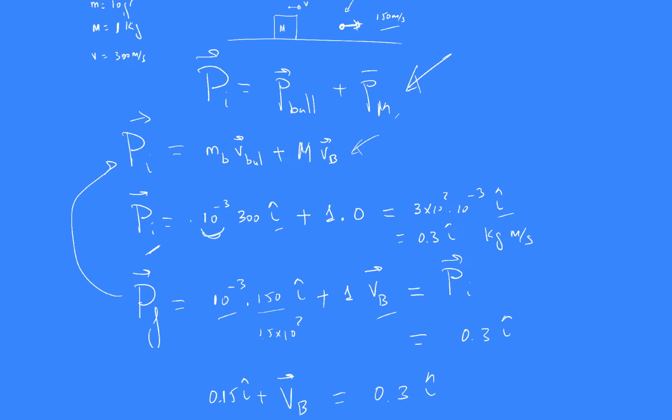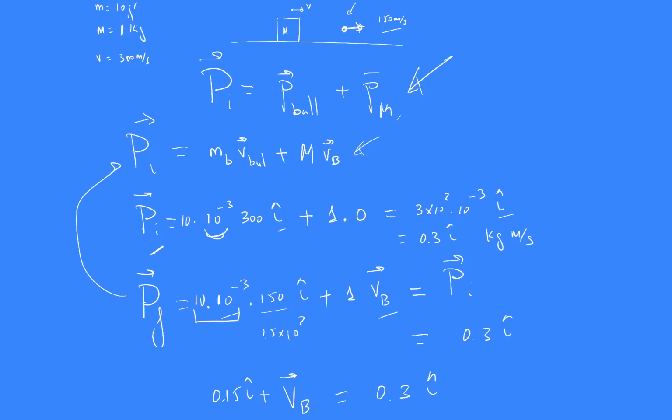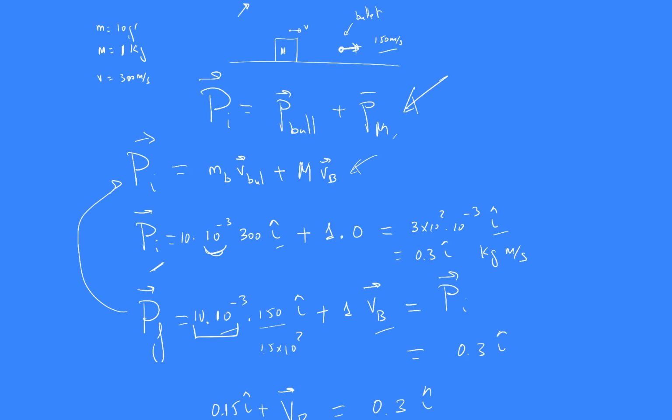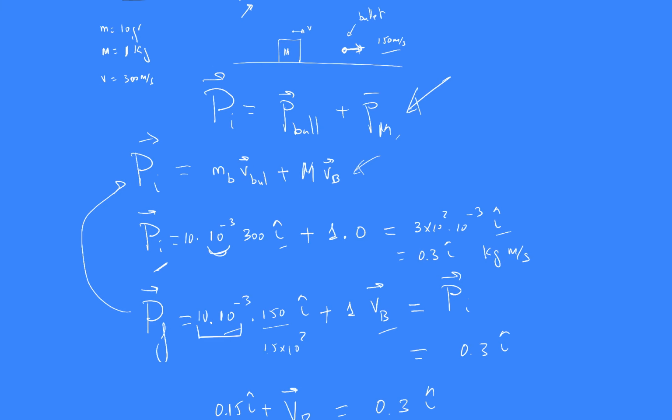So you made the calculation correctly, but it's 10 grams, so it's 10 to the minus 2. Okay, 10 grams. Sorry, so it will change, let me do it again. Instead of 0.3, this will be 3.